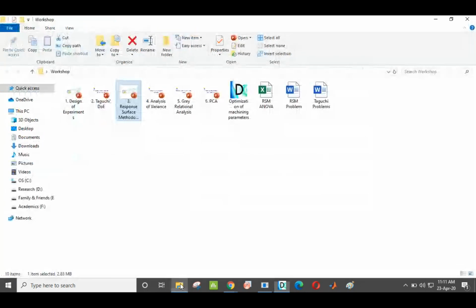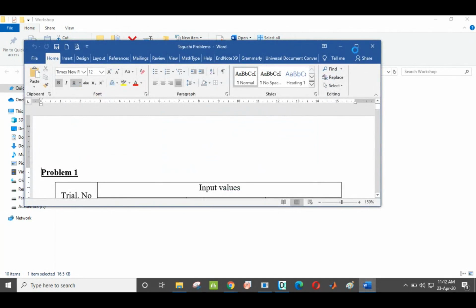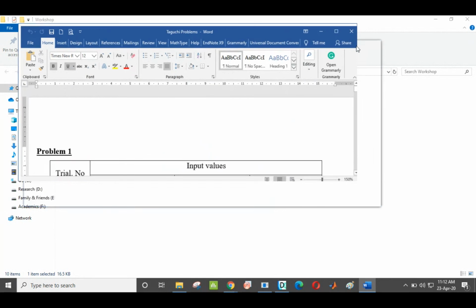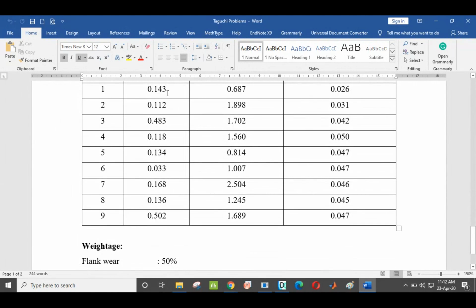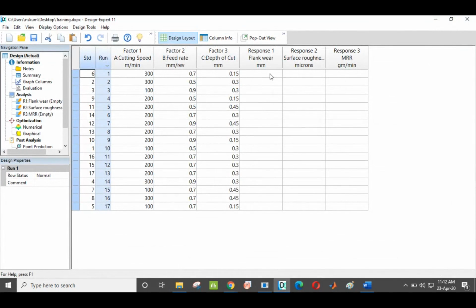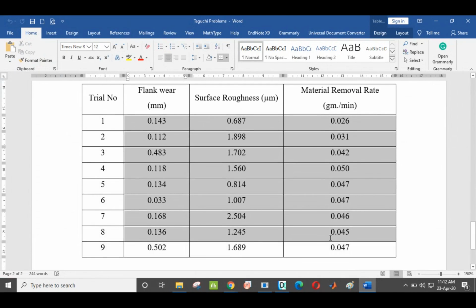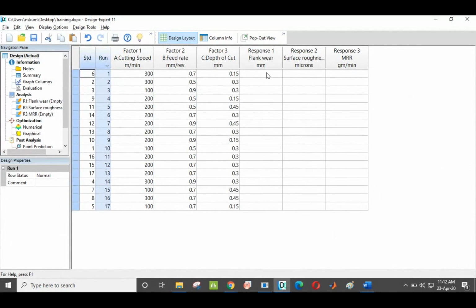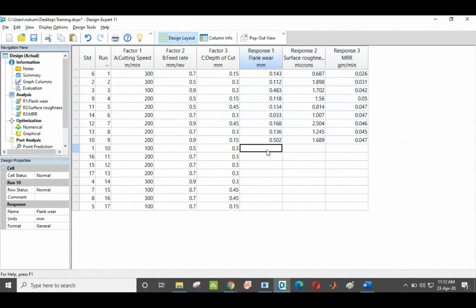So roughly I will enter now. For 17 values I am going to enter.